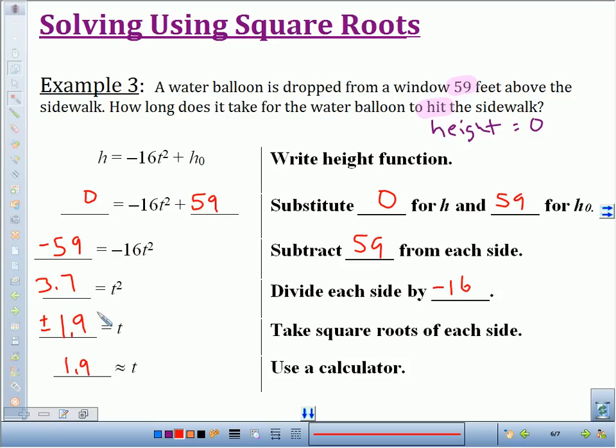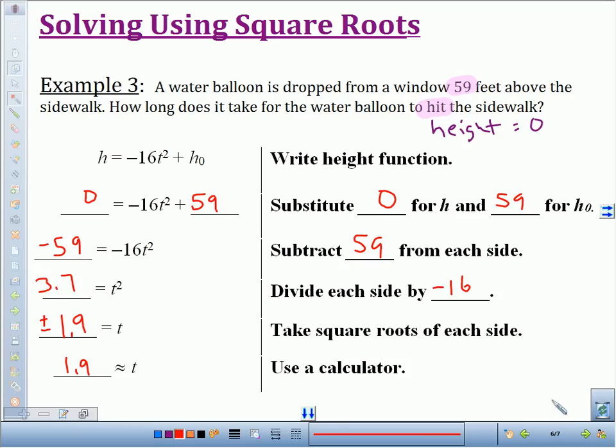We could say it's negative 1.9, but we don't really have negative time, a lot like we don't have negative direction or negative distance or any of that kind of stuff. So we're going to reject the negative solution. We're going to say that one doesn't work. Time must be positive. That means that the balloon will fall about 1.9 seconds before it hits the ground.